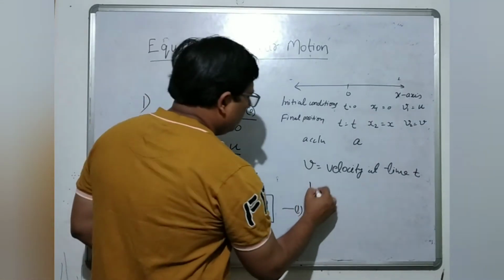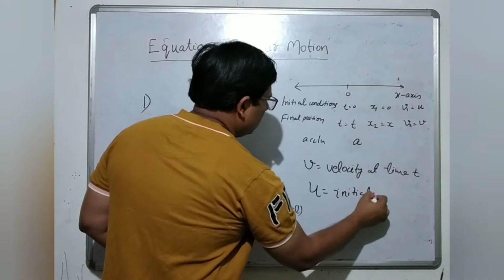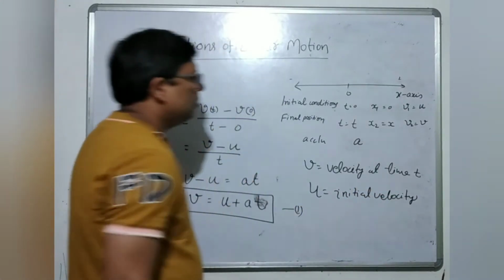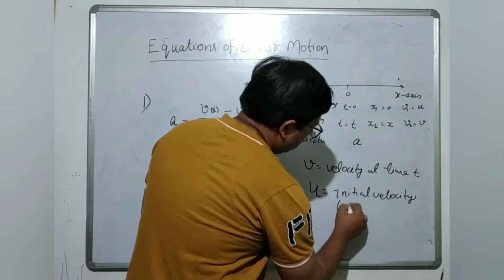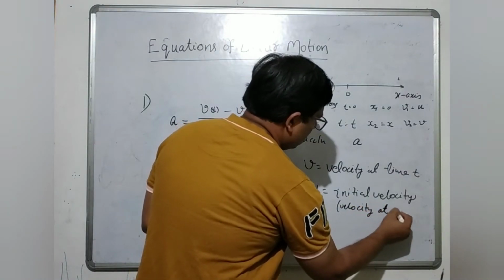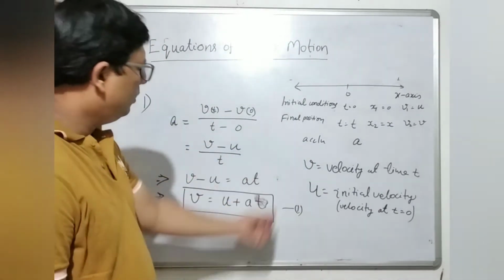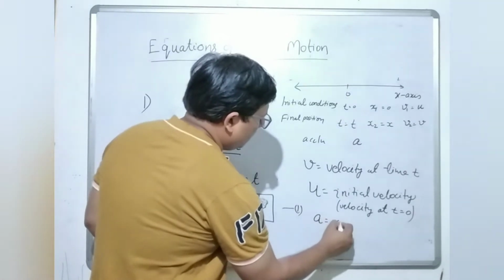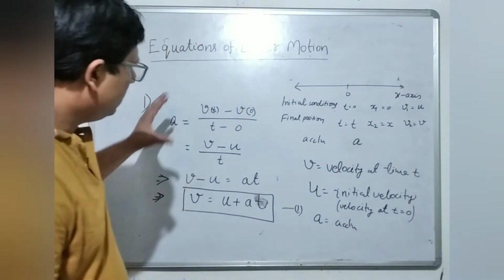What is u? It is the initial velocity, meaning the velocity at t equal to 0. And a is simply the acceleration. Okay, so this is the definition.